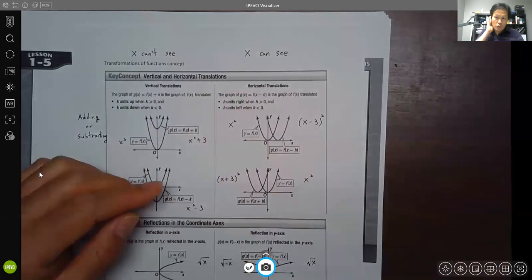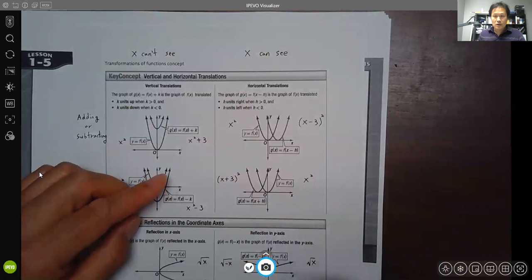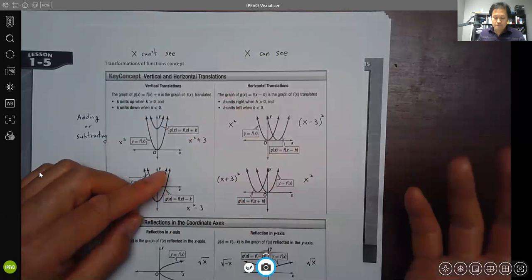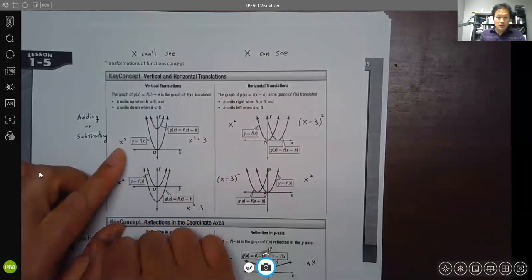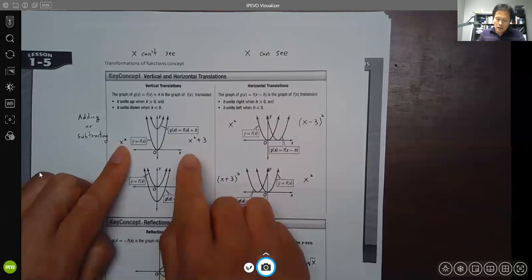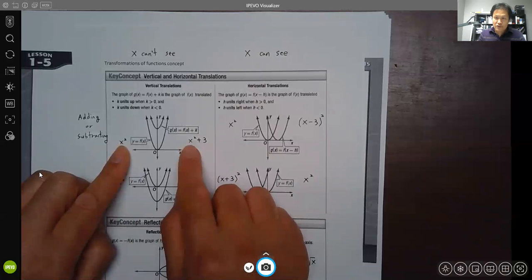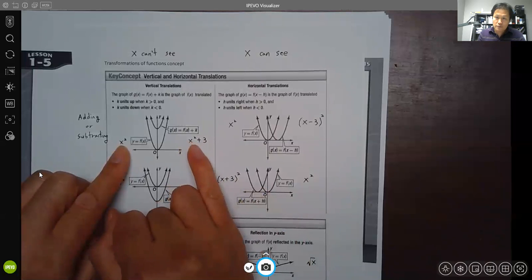When I say x can see, x cannot see, you might say, what do you mean by that? For example, let's say the original equation is x squared. If you have x squared plus 3, I am claiming x cannot see 3. Some of you say, why not? They are right next to each other. Because of the square. X is covered by the square. X cannot see outside of the square.